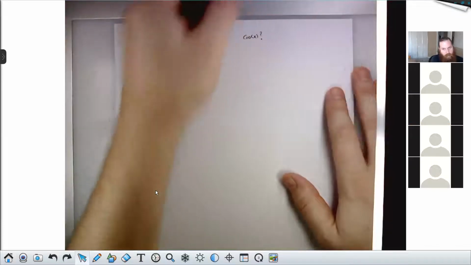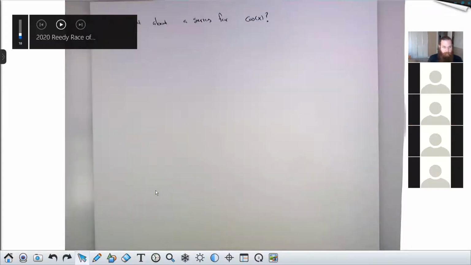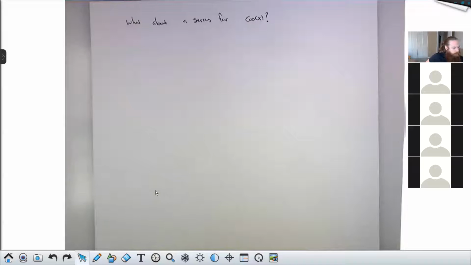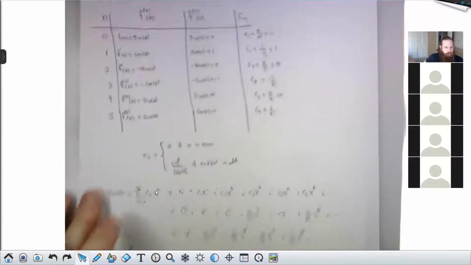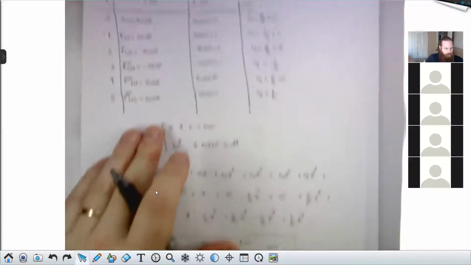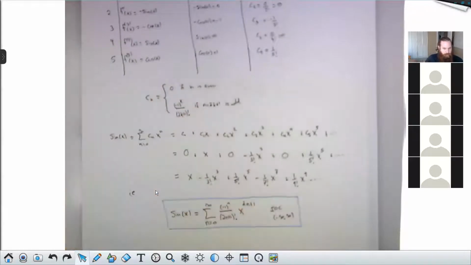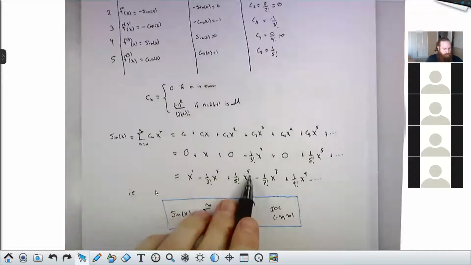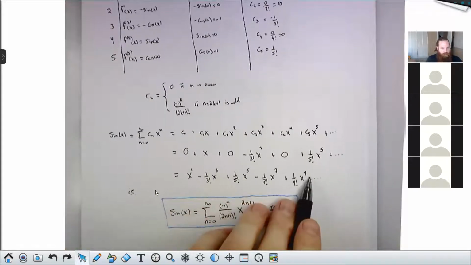Wait, I have a question. Really quick. Where did the x to the power 2n plus 1 come from? So if you look at what we have here, this is x to the 1, x cubed, x to the 5, x to the 7, x to the 9.